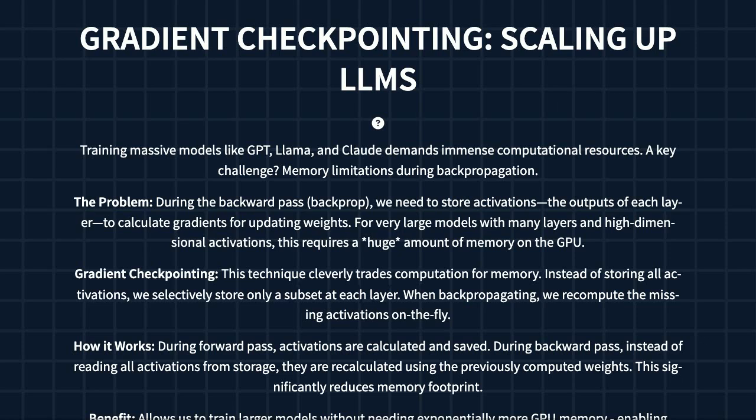It's like a smart shortcut. Instead of saving every activation throughout the entire network, it only saves a few key points. When we go backward to calculate how to change the weights, those missing activations are recomputed on the fly, kind of like refreshing them as needed. This dramatically cuts down on memory usage, letting us train much bigger models than would otherwise be possible.